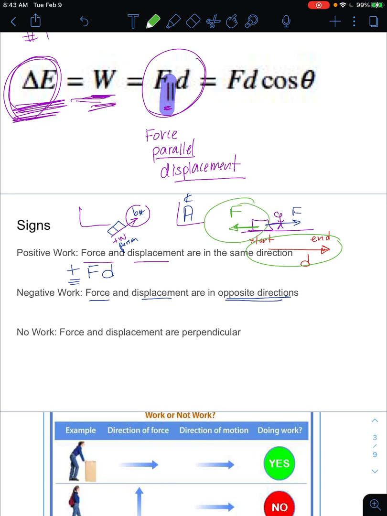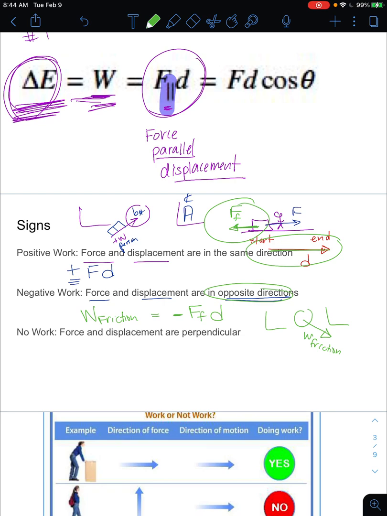And so when you're trying to find the work done by that green force of friction, they're still parallel to each other, but they're in opposite directions, and so that's going to be negative work: your force is negative times your displacement. And that is going to be energy leaving the system. So that work is work done by friction that is taking energy out of the system.